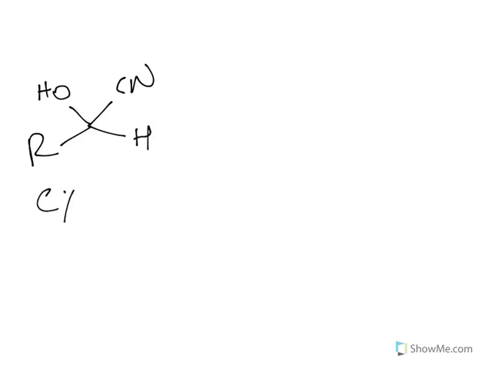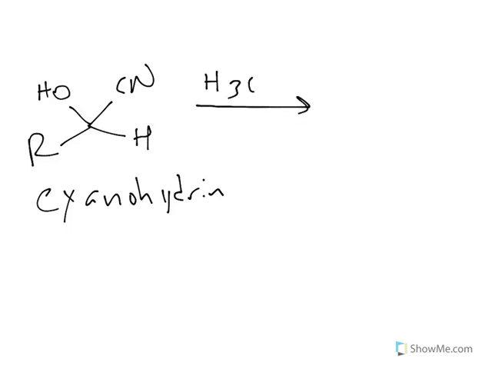Cyanohydrins can be hydrolyzed if we take acid and some heat. So we're basically going to boil it in aqueous acid.